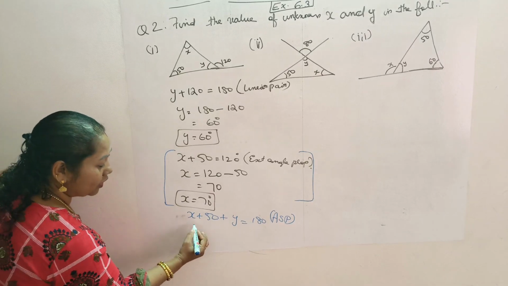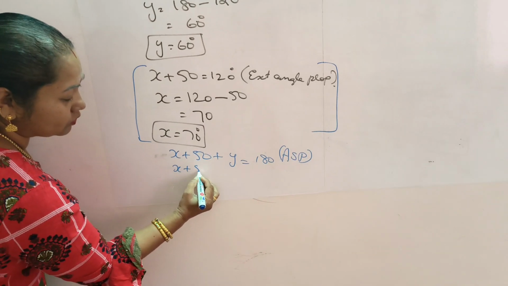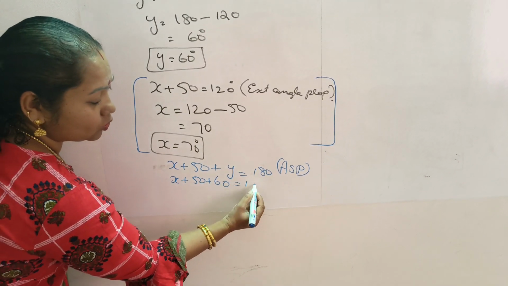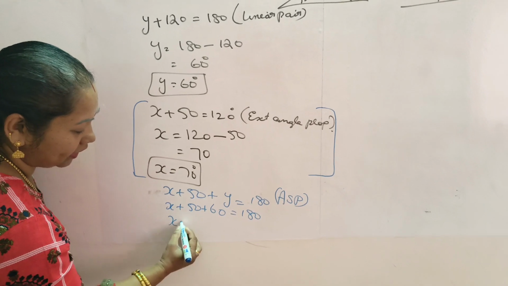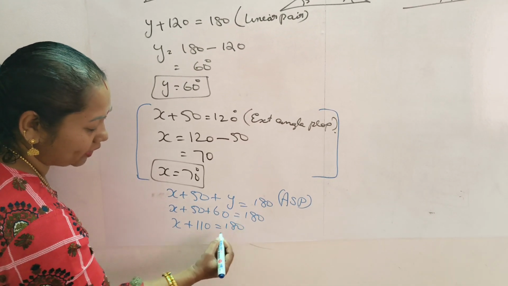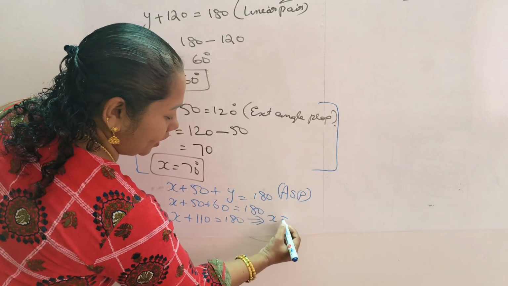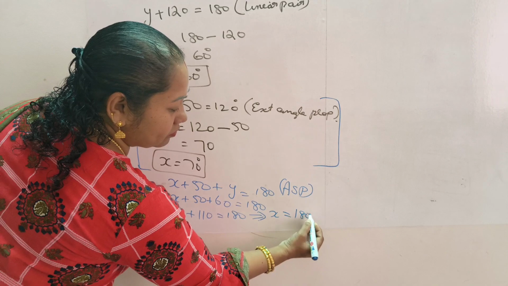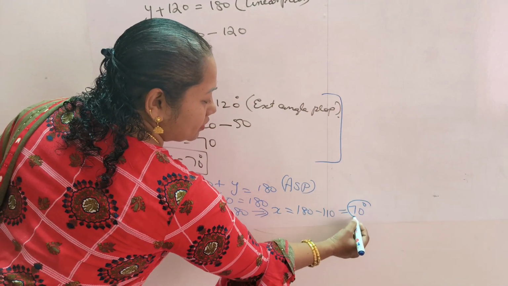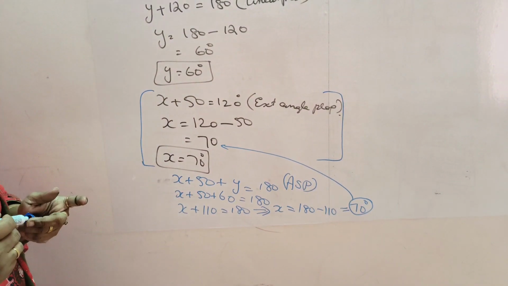We got the value of y here, so x plus 50 plus 60 is equal to 180. That is x plus 110 is equal to 180. That means x is equal to 180 minus 110, that is equal to 70 degrees. Same as what we got here.